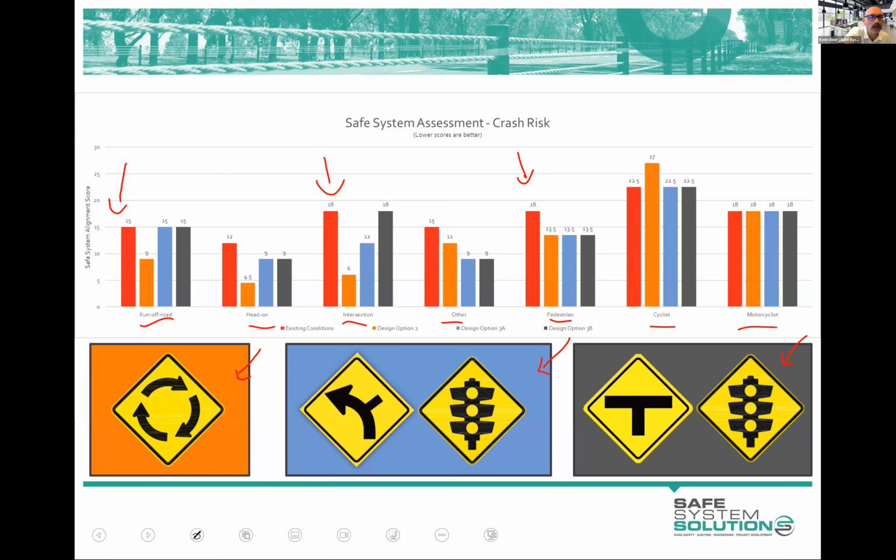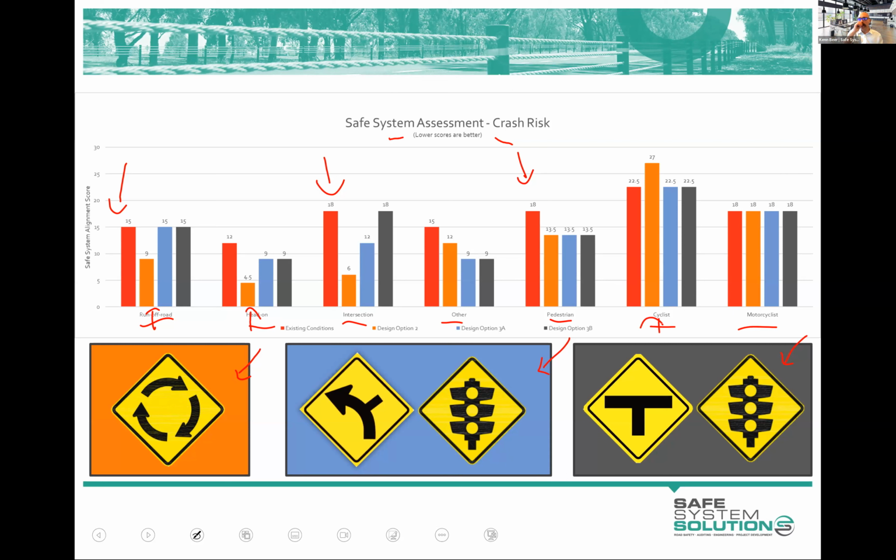So lower scores are better. We see the roundabouts doing well there and there, but not so well in this one with cyclists. So you can immediately see how risk is changing when we upgrade these, and whether we are eliminating risk or really just dropping it down.